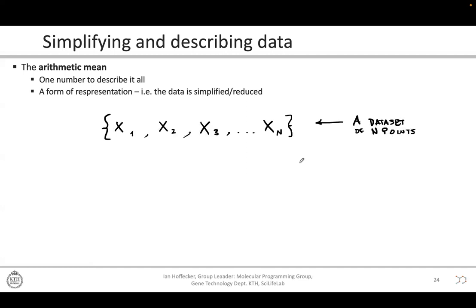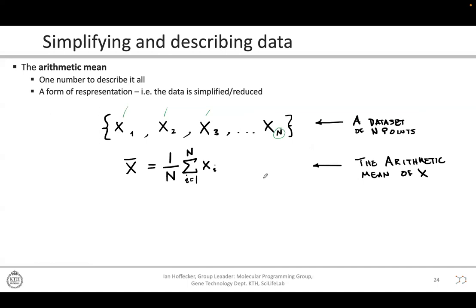Say we have a data set with n points, x1, x2, x3, and we can compute the arithmetic mean. Everyone knows this, I'm sure, but we take the sum of these points and divide by the total number of points.